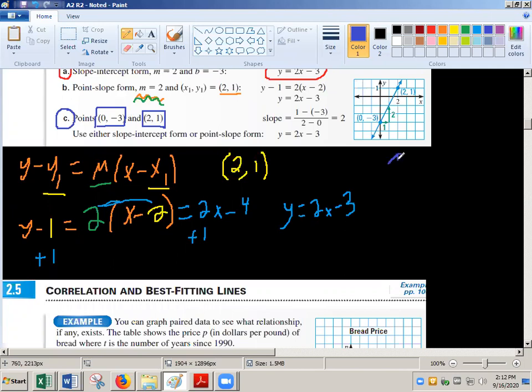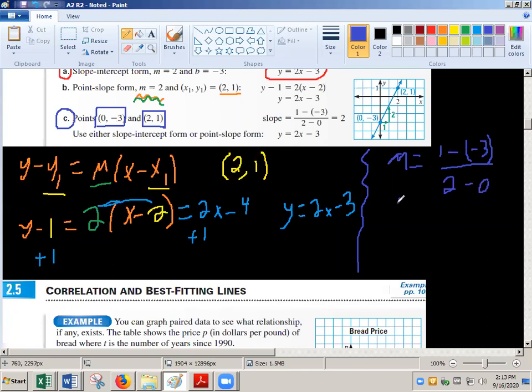So let's do our m value equals, so I'm just going to do it as y2 minus y1 like this. So I'm going to do 1 subtract -3. And I'm going to do the same thing for my x's. So directionally, I'm going to do it like this. So 2 minus 0.